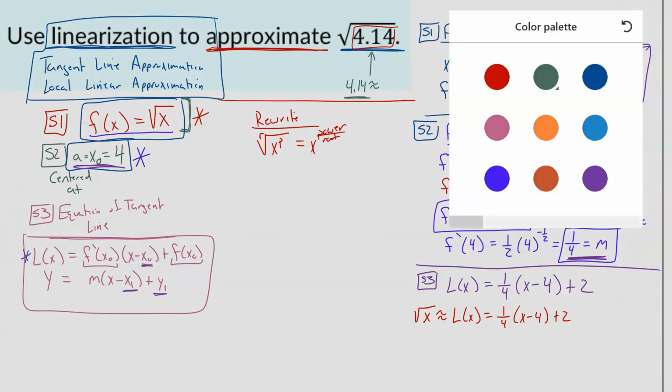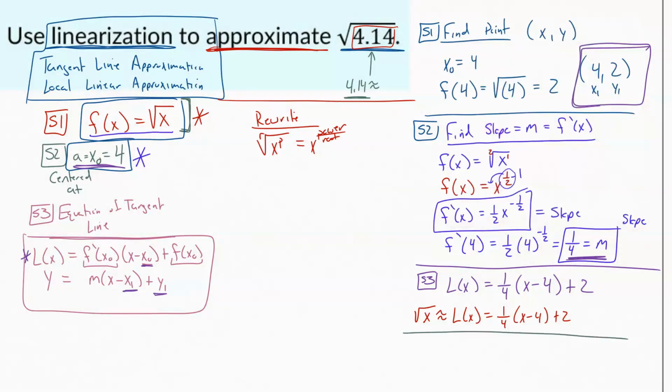So to use that now, what they wanted us to do, notice that they used the term approximate up in here. They didn't care if we got the exact value of the square root of 4.14. What they want is an approximation of the square root of 4.14. So plugging 4.14 in for x, what you're going to see is the square root of 4.14 is approximately L of 4.14, which we get by plugging in 4.14 for x, 4.14 minus 4 plus 2.